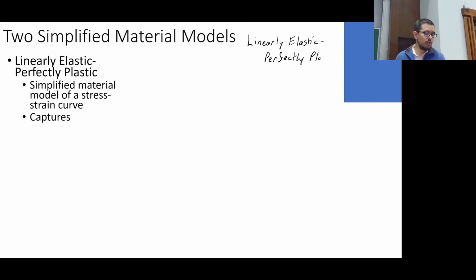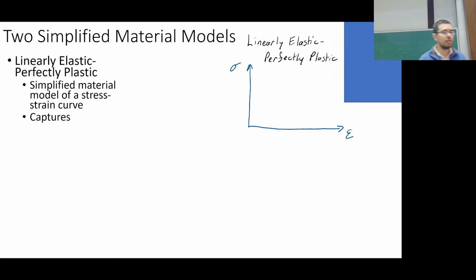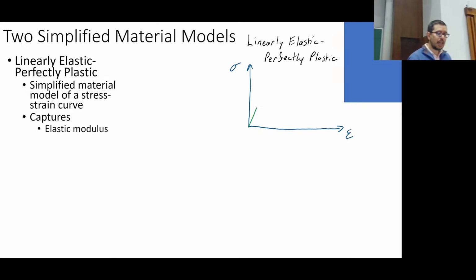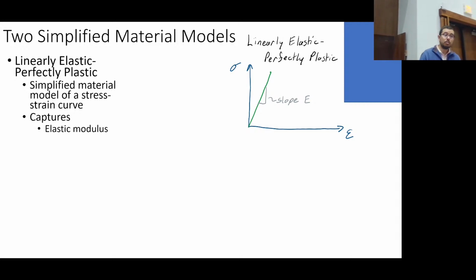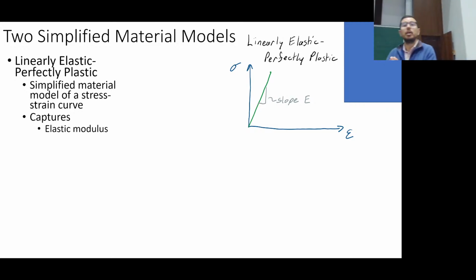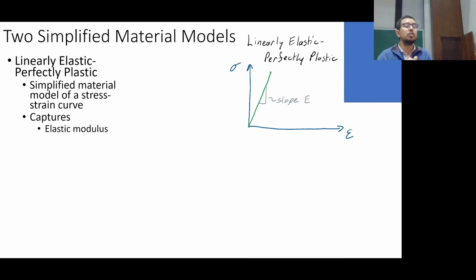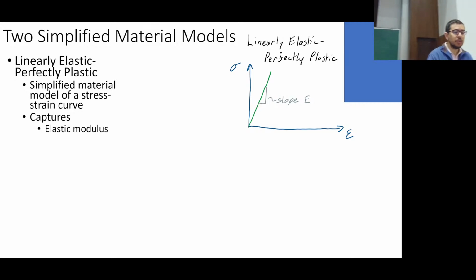But these simplifications capture behavior that allows us to make predictions about how much energy might be stored for a given amount of strain in a material, or how much energy might be stored in a structure, given its volume and its geometry.